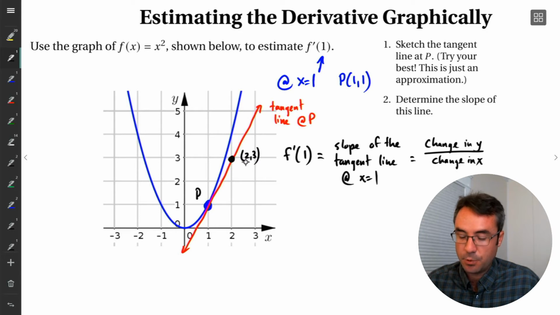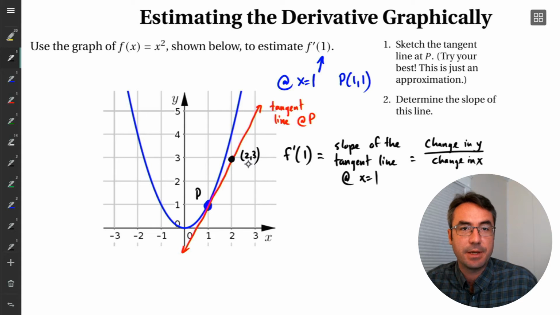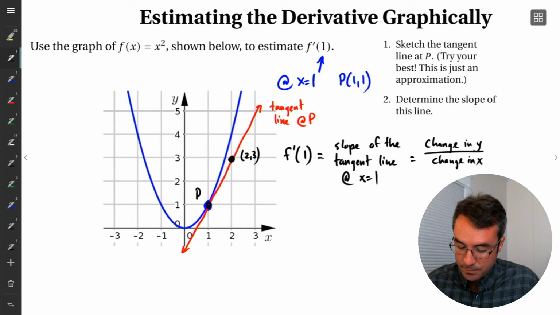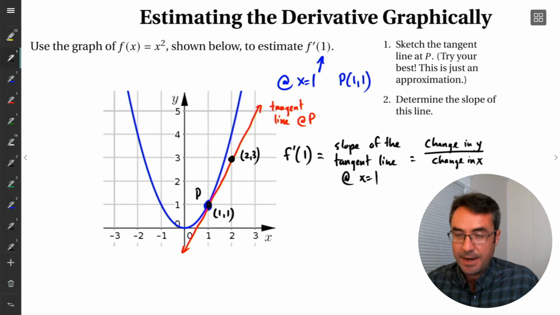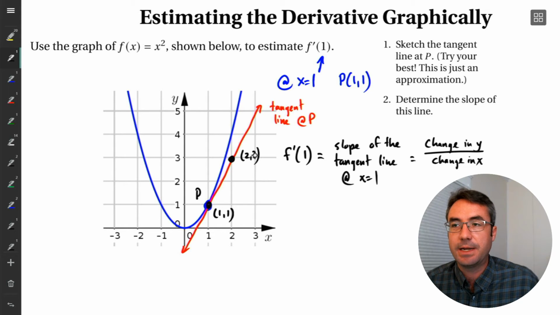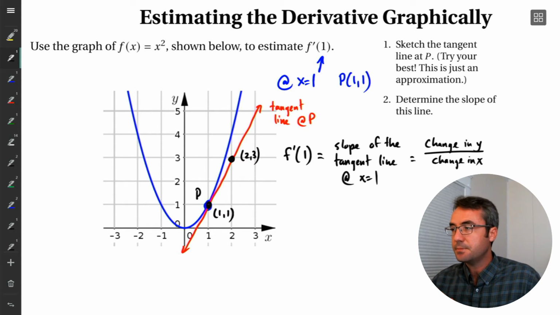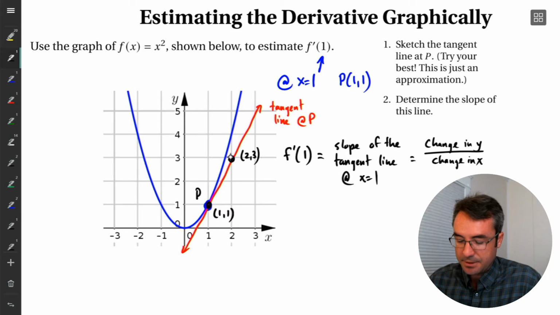So this point to me looks like it might be 2, 3. And our point P, we know this one, and that had coordinates 1, 1. So now I have 2 points here that I can pretty easily determine the coordinates for. And again, these are just approximations. So it might not be exactly 3, might not be exactly 2, but we're approximating. We're trying our best.